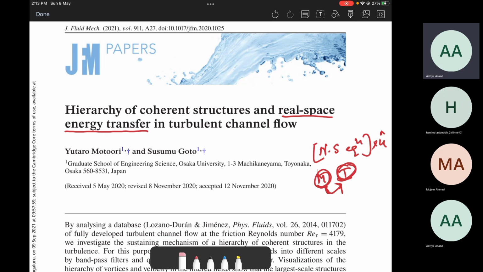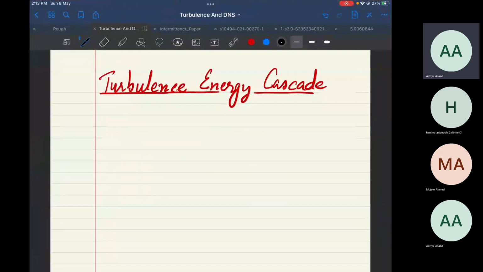Okay. So what I'm saying is there is energy production at large scales, and this energy is being dissipated at small scales.